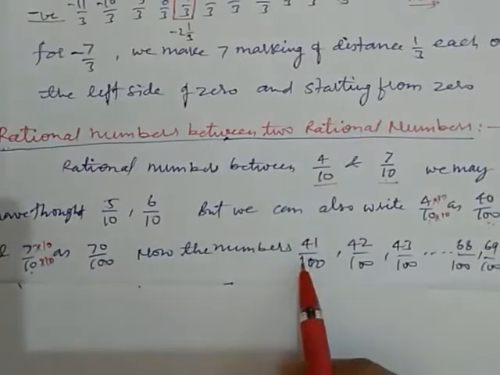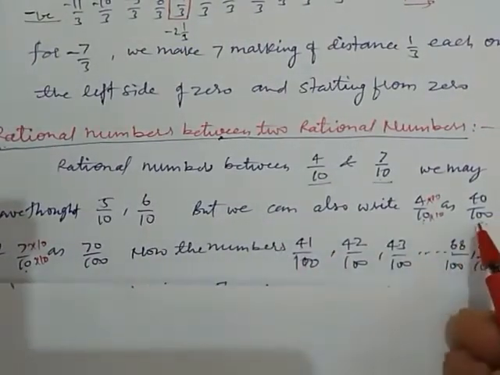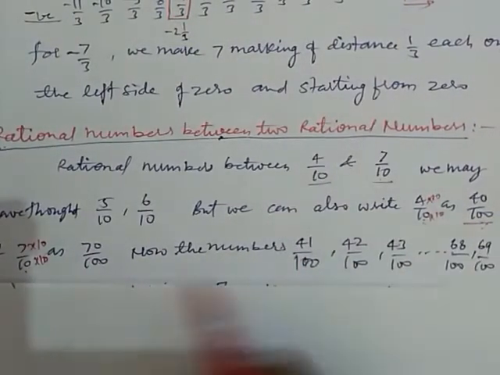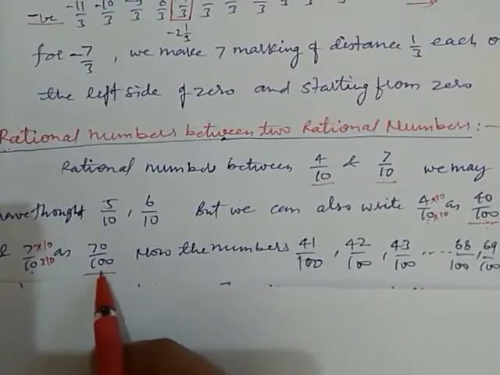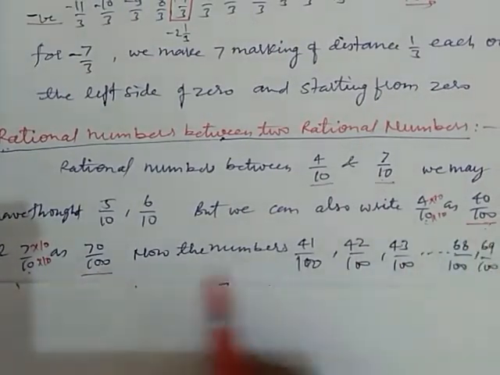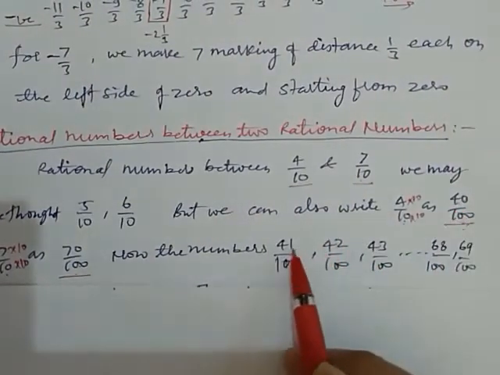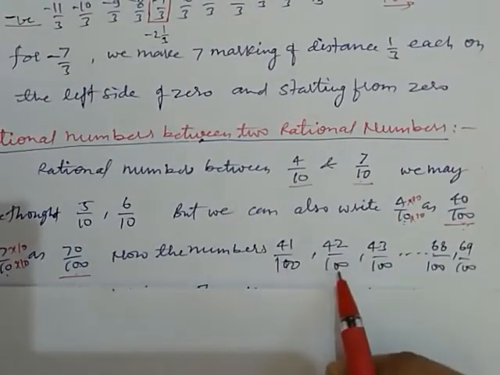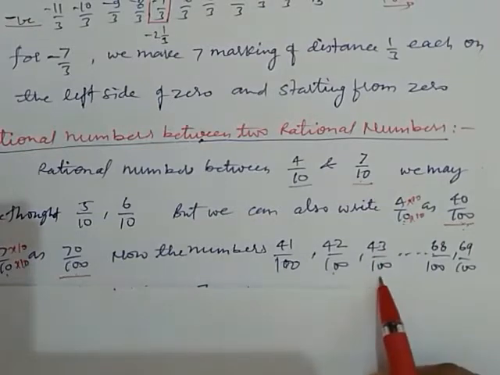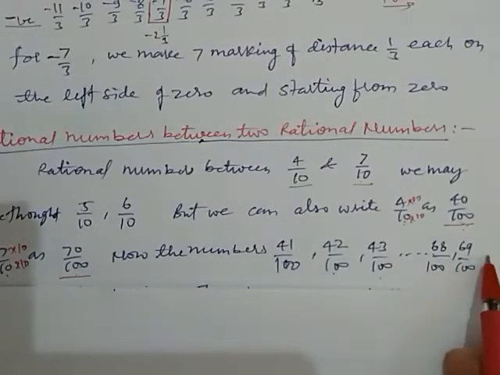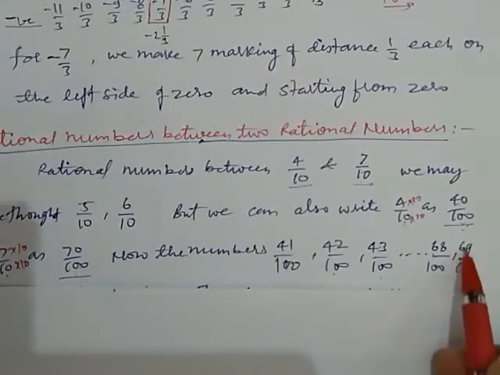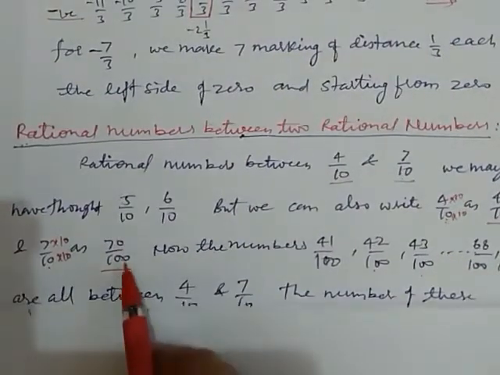Now these numbers, 40 by 100 and 70 by 100, are like fractions. So we start counting after 40. Next is 41 by 100, 42 by 100, 43 by 100 and so on. The last numbers are 68 by 100, 69 by 100, and then 70 by 100.